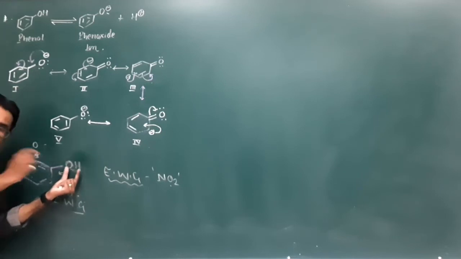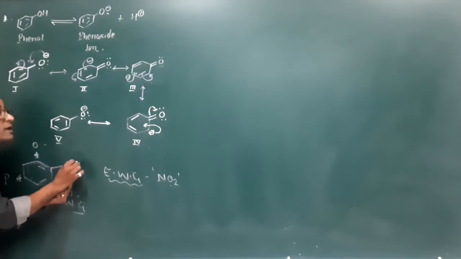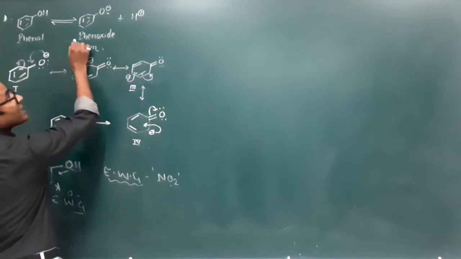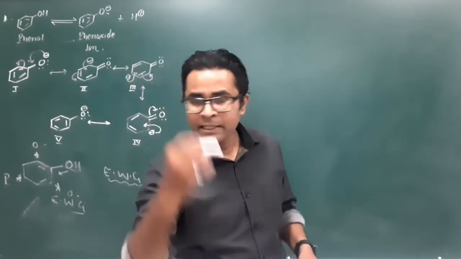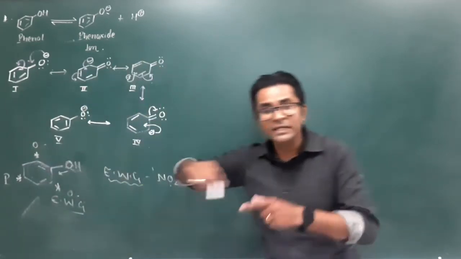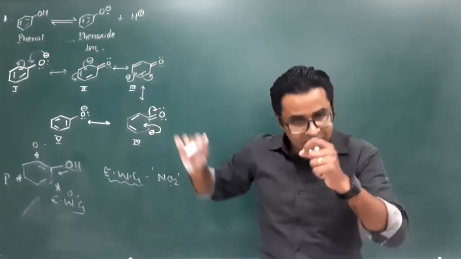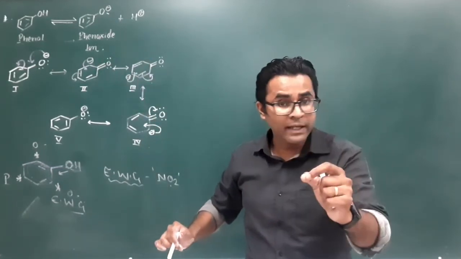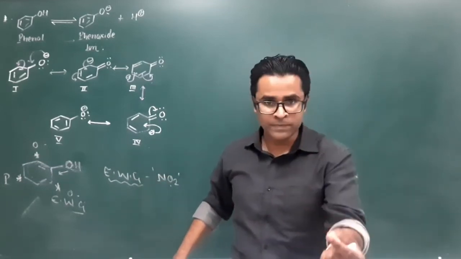The more polarized the OH group, or the bond between oxygen and hydrogen, the more easily the phenoxide ion is generated, because that particular hydrogen is more easily removed in the form of a proton. A similar effect, but in the opposite way, occurs when we attach electron releasing groups.